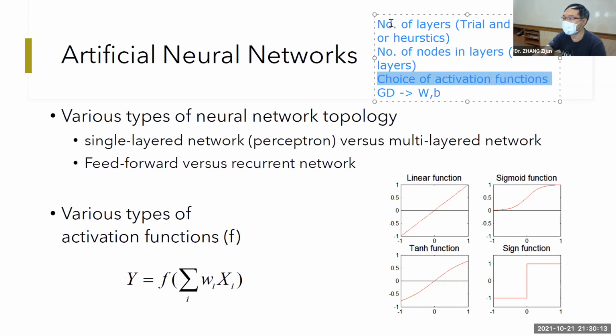Once those are determined, that means the architecture, or the topology, of the network is determined, and next you apply the gradient descent. So the gradient descent cannot help you to determine those hyperparameters.